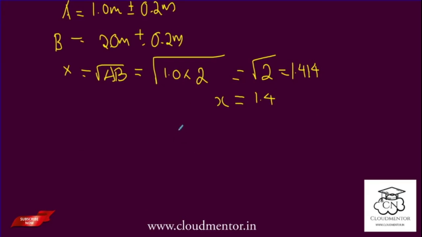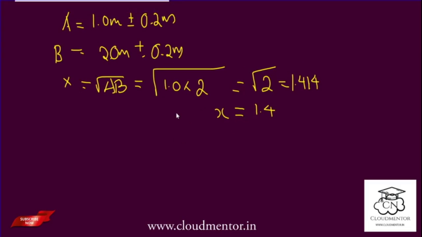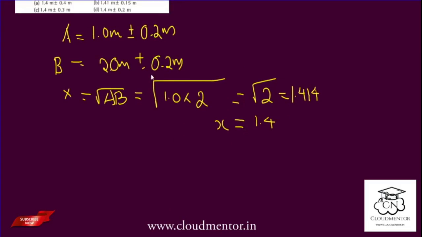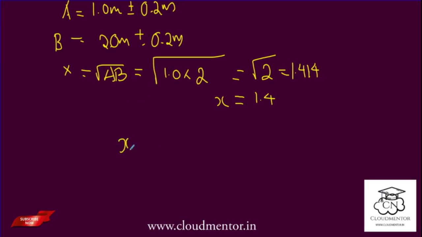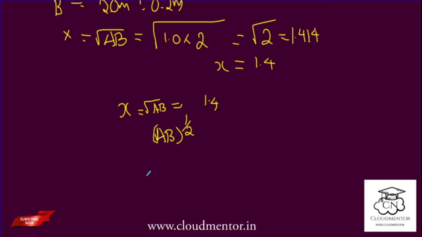And now we have to find the combined error from this. We know that x equal to root AB, which is equal to 1.4. Root AB can also be written as AB the whole raised to 1 by 2. So the error in this can be found by the equation delta x by x equal to 1 by 2, taking the power down, of delta a by a plus delta b by b, where 1 by 2 is common for a and b.